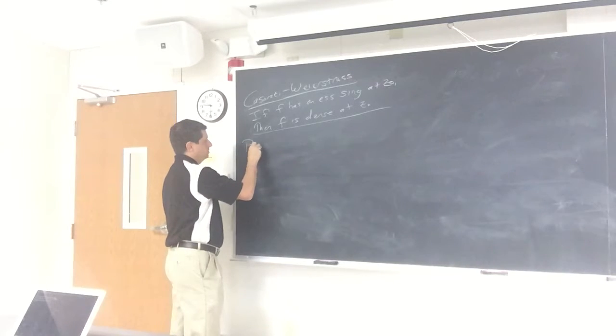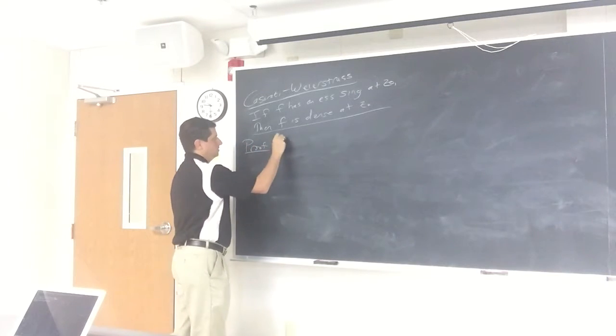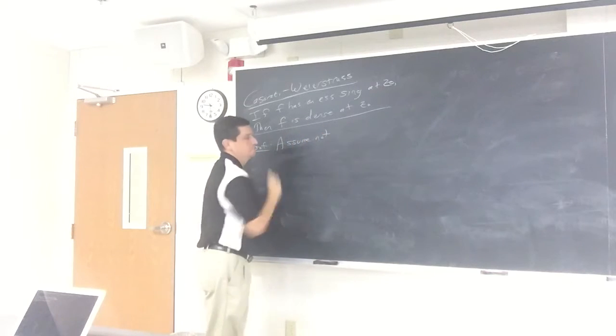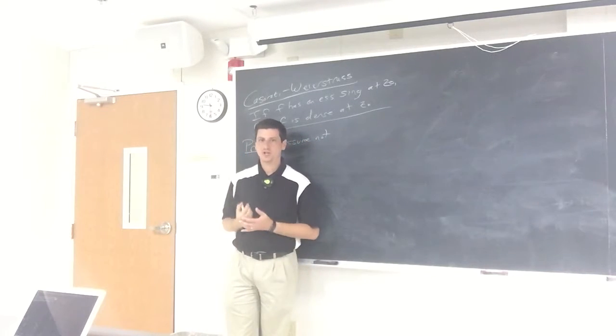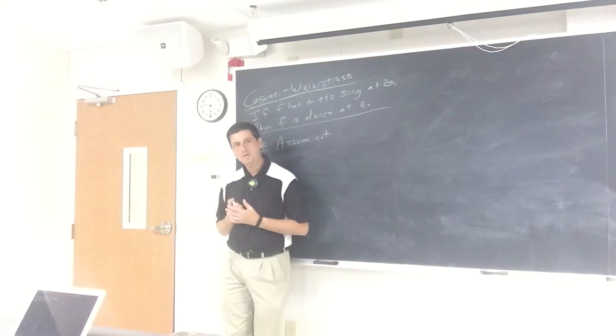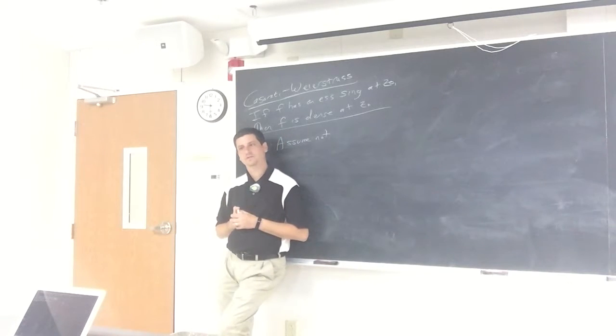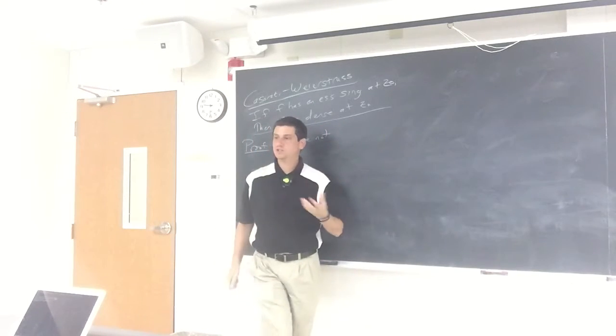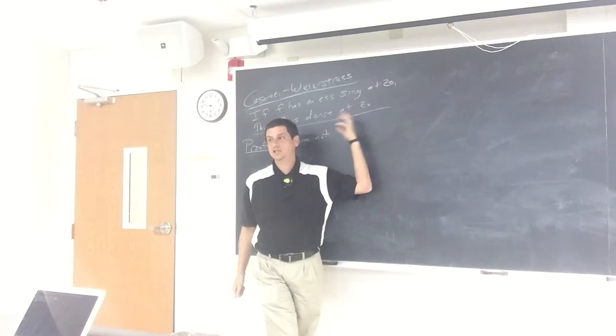Proof. Assume not. So let's assume it's not dense. So what would it mean if it's not dense? Dense means that it takes any value arbitrarily close to z0. Dense is always relative to a certain set. I'm saying this is dense in the complex numbers.